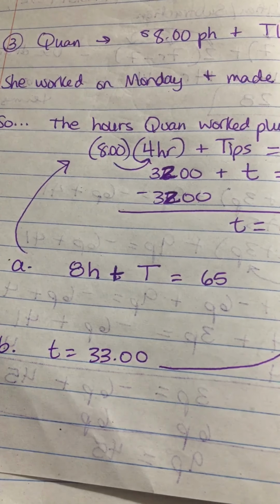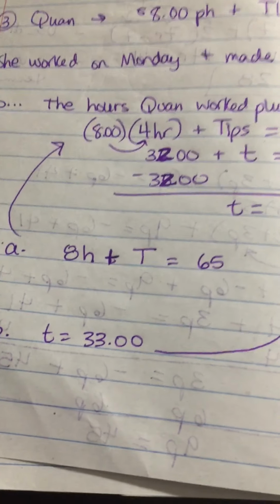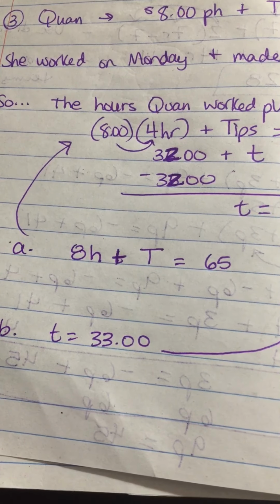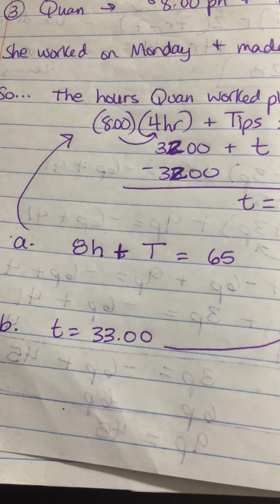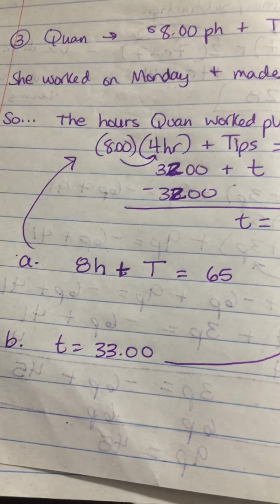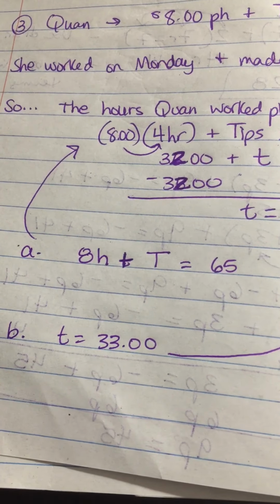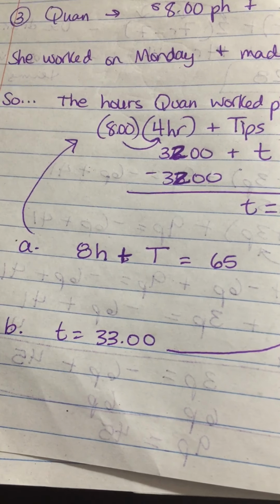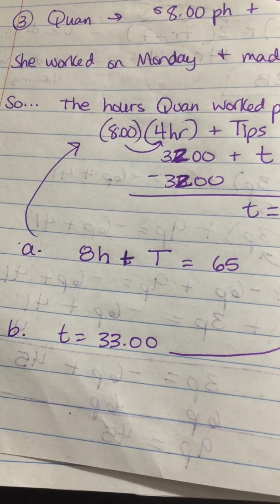This is a real good example of how you would use math in your everyday life, because everyone needs to know how to figure out their pay. So this is a very good example of a real-life math skill.